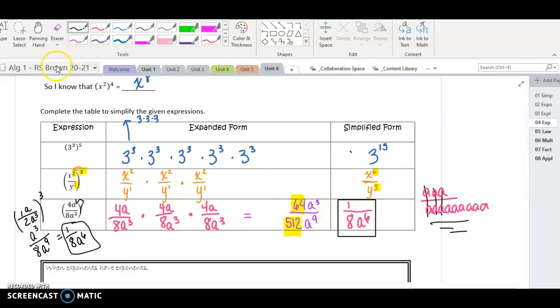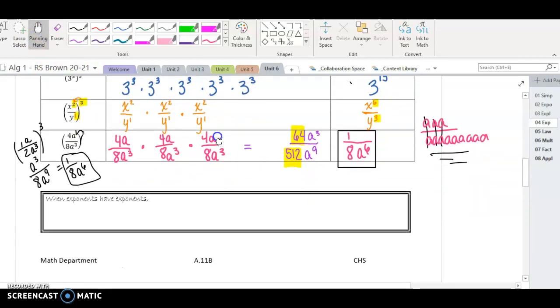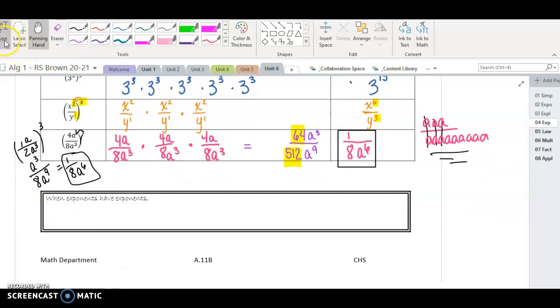Okay. Now, when exponents have exponents, I'm just going to type this in here. What we do is we keep the base and we multiply the exponents. Not add the exponents.